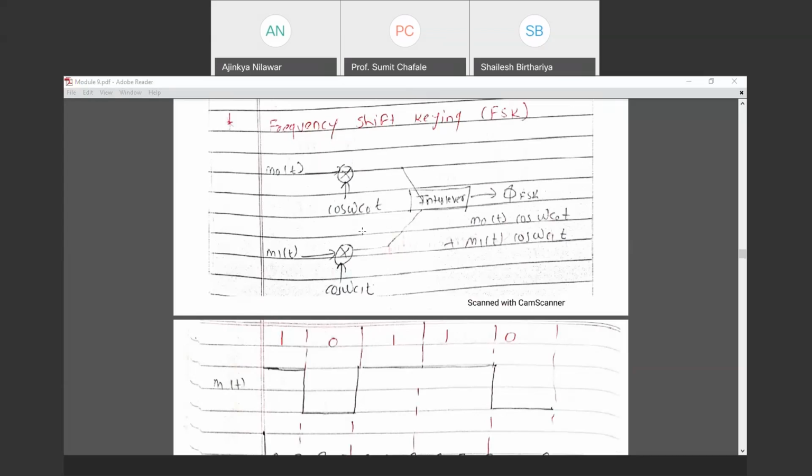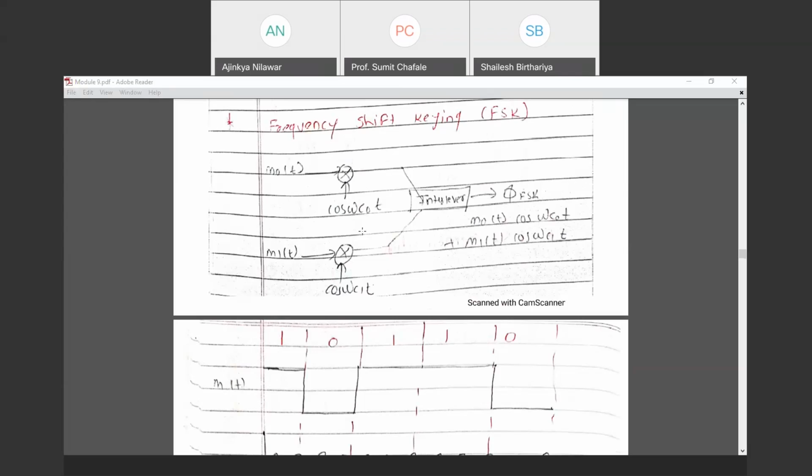Okay. Now the concept of FSK. FSK stands for frequency shift keying. In frequency shift keying, we have two different frequencies. One frequency gets multiplied by the zero signal.